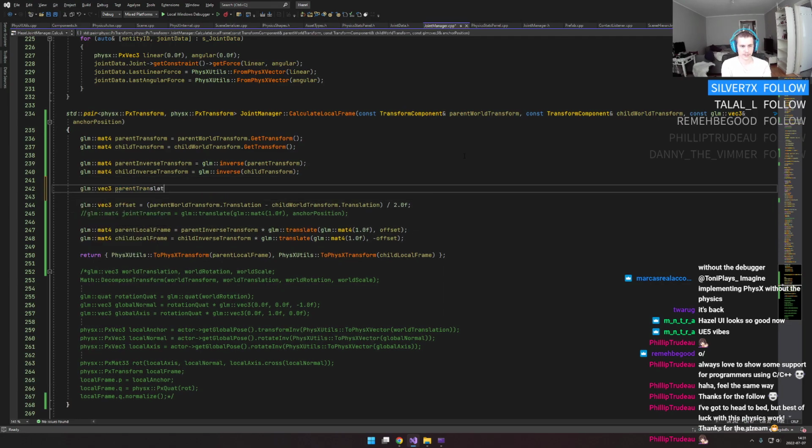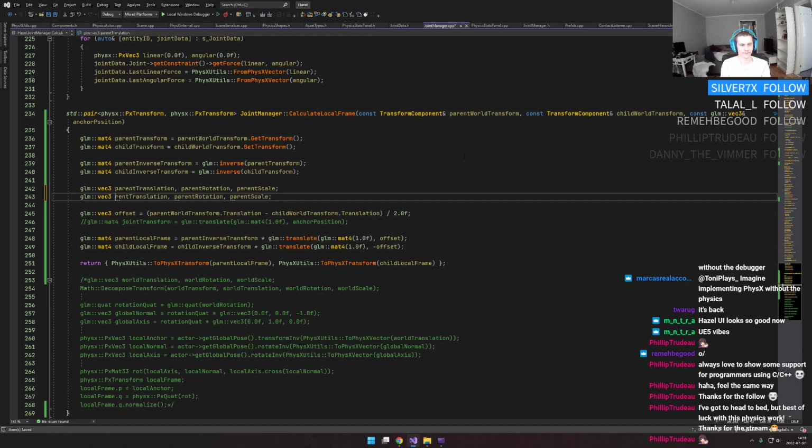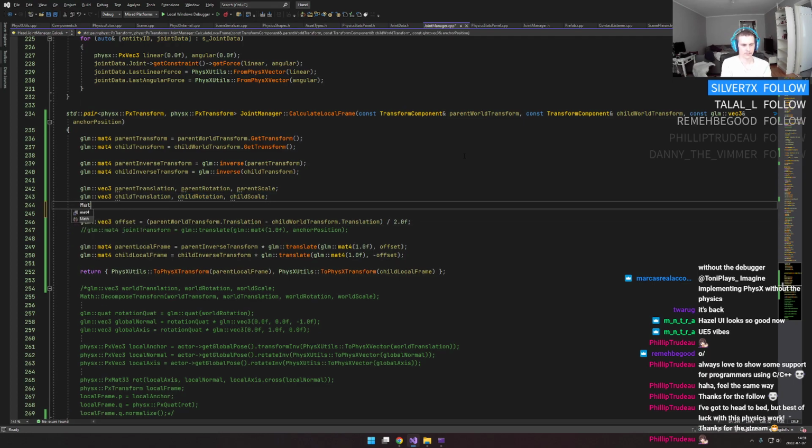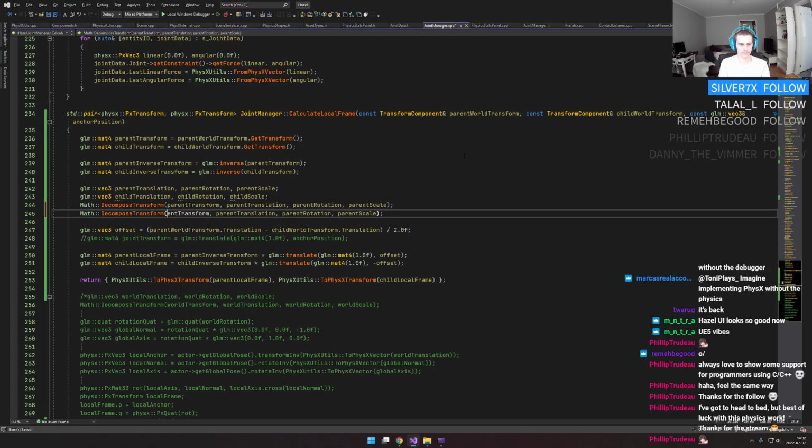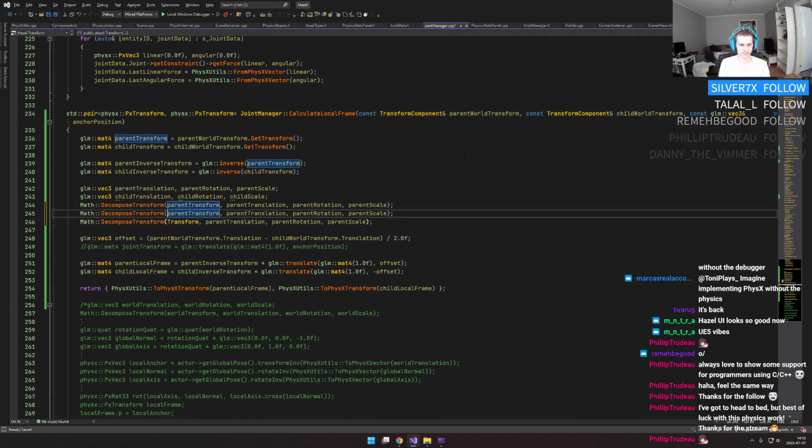And translation, rotation, scale. Compose the current transform.